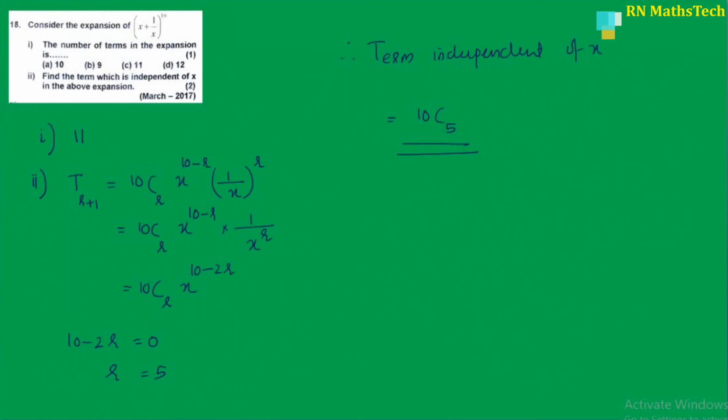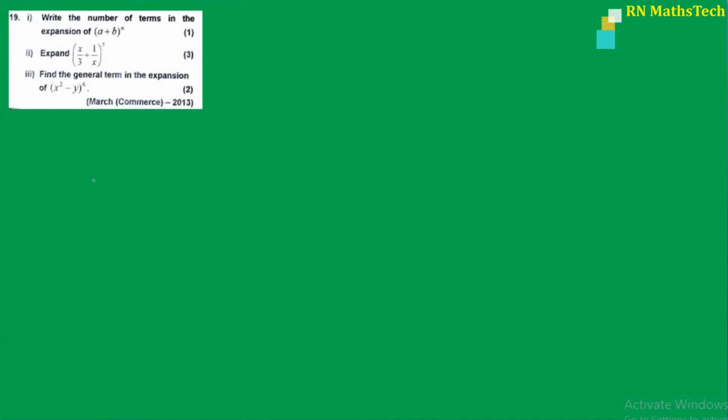Next, write the number of terms in the expansion of a plus b the whole raised to n is n plus 1. Now second part.